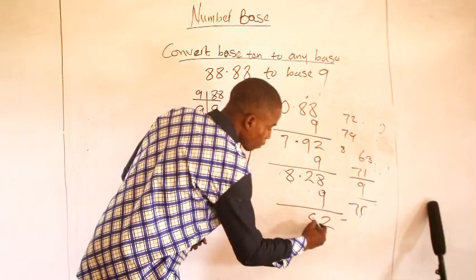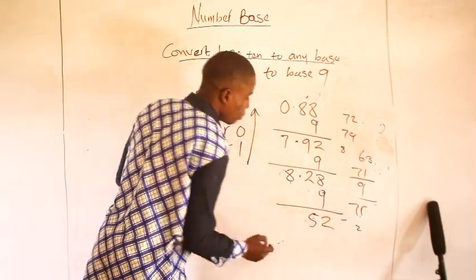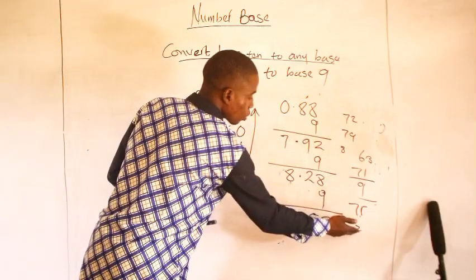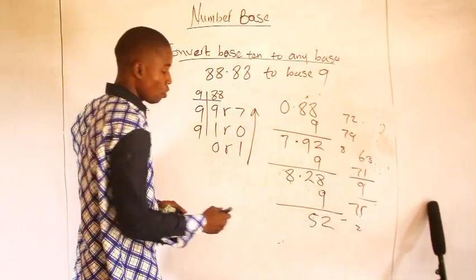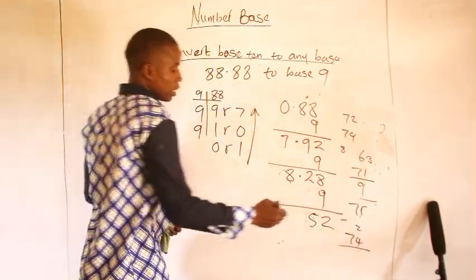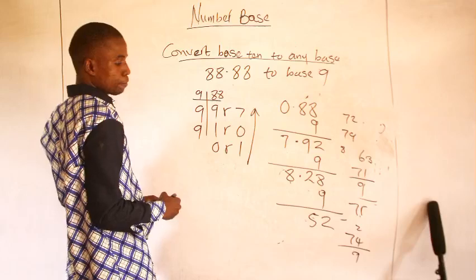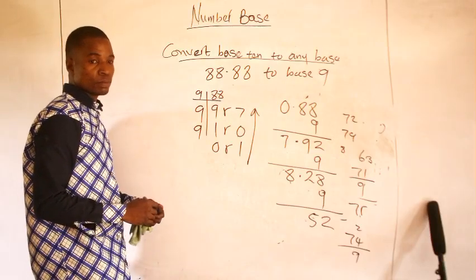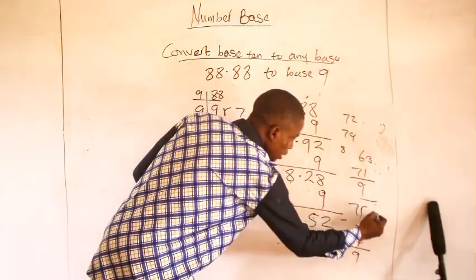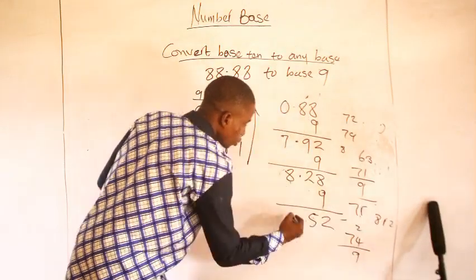You write 5. You keep 2. This one and this is what? 72 plus 2, 74. Divided by 9. What will give us? 8 remainder 2. You write 2.